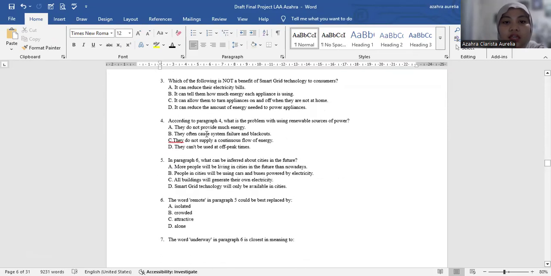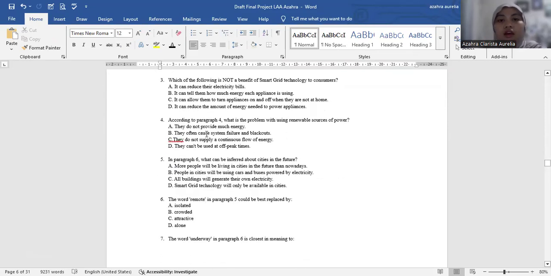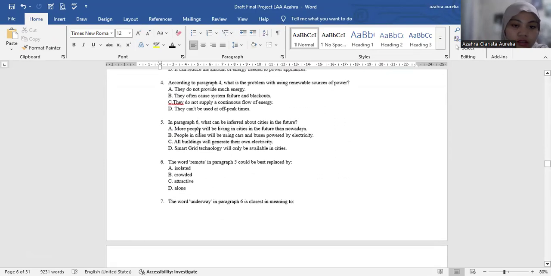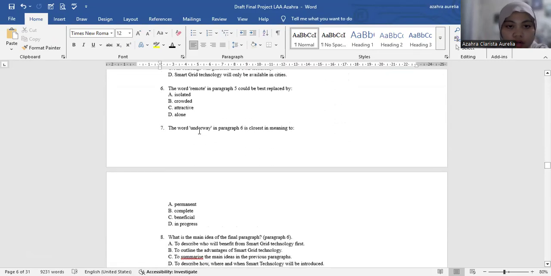And then there is detail recognition. I chose this type of question because the students have to identify listed information, and the benefit is it will strengthen accuracy and comparison skills. And then there are vocabulary and context questions.